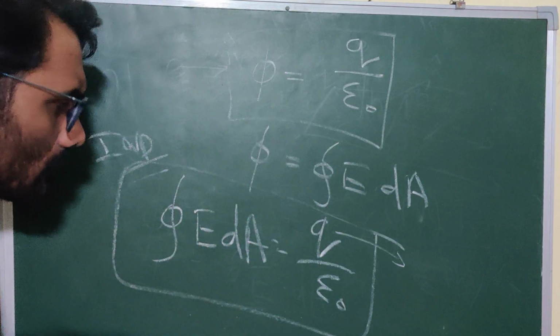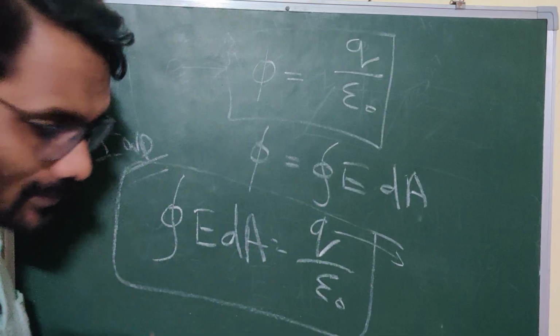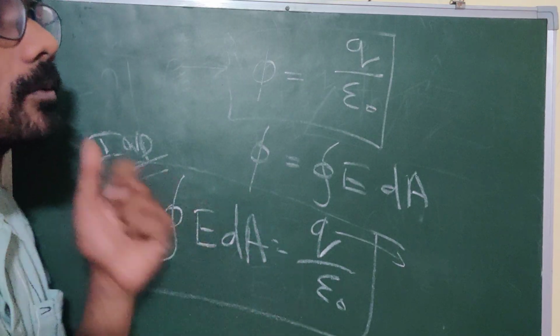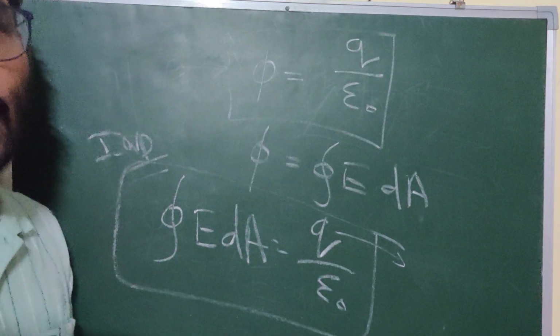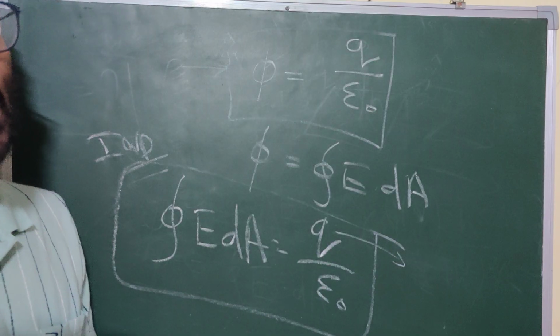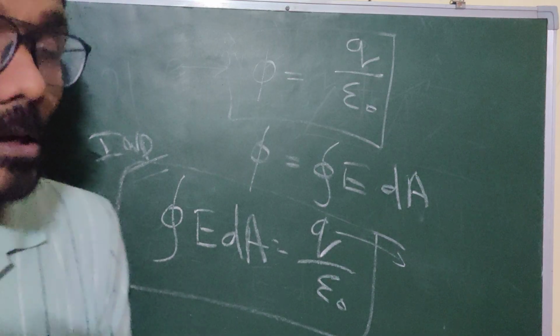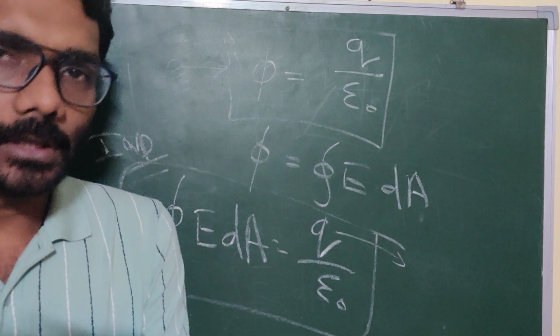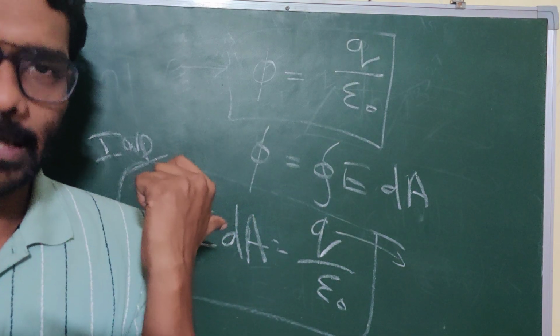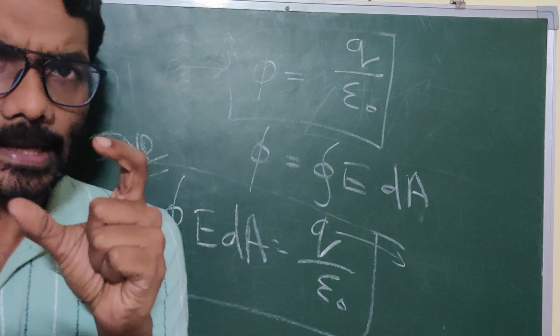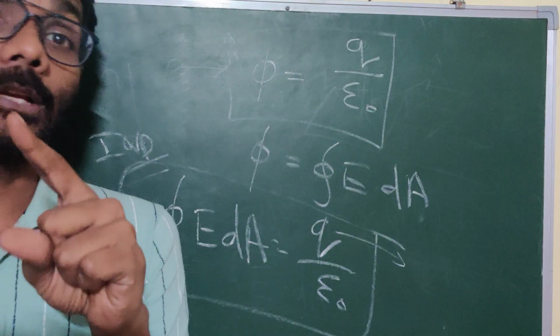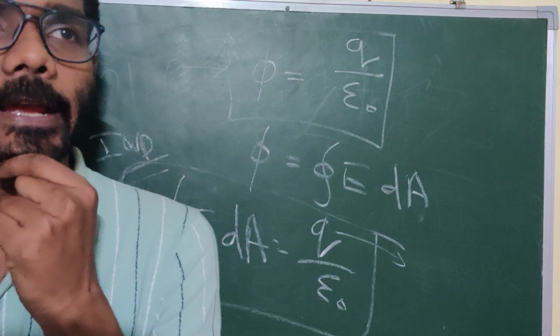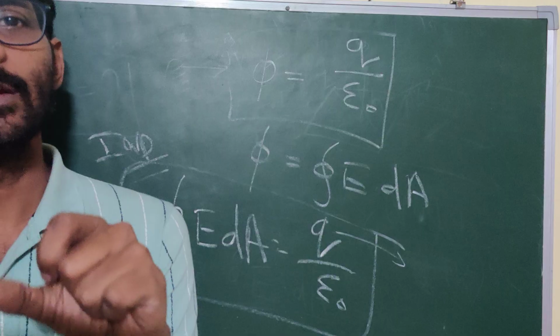Using this formula, we can find the electric field due to a charged wire. Previously we found the electric field for a charged wire using Coulomb's law, but here we can find it using Gauss law.